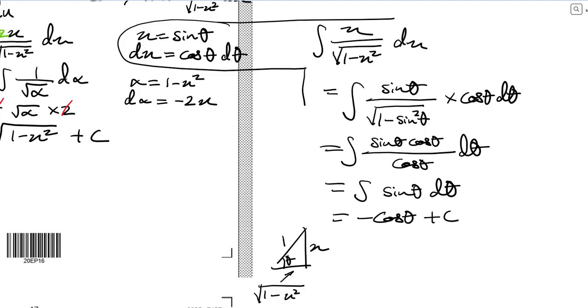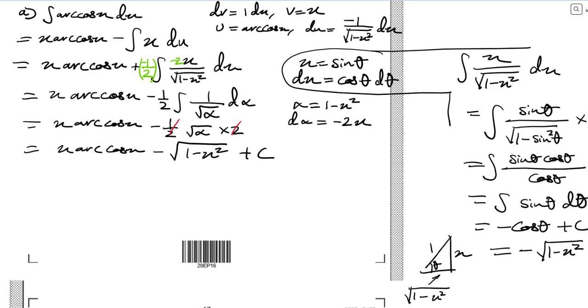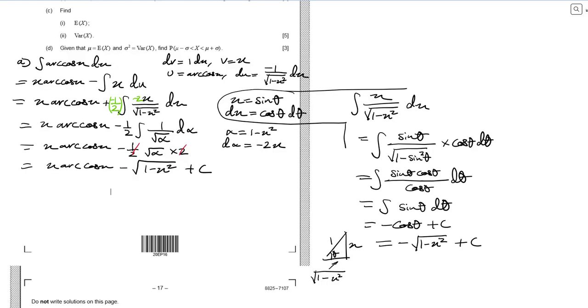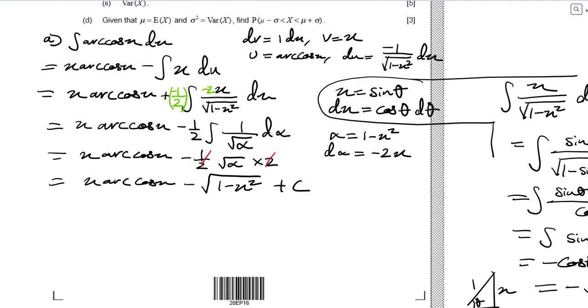And so our negative cos theta is just negative root 1 minus x squared over 1, right? Adjacent over hypotenuse, plus c. And that is exactly what we have here. So both methods work. So either method you can use.